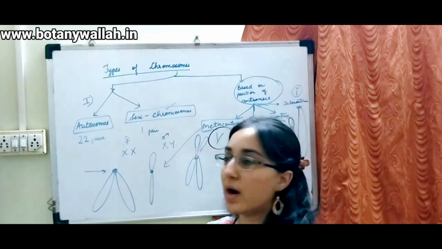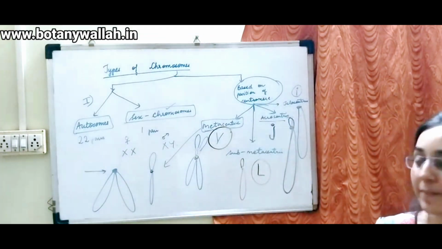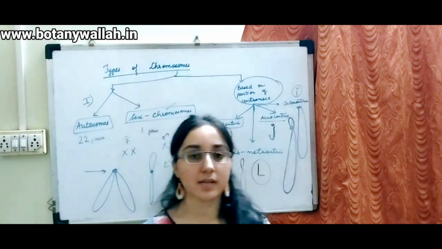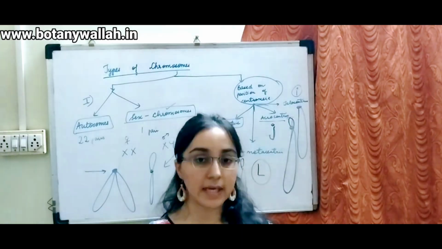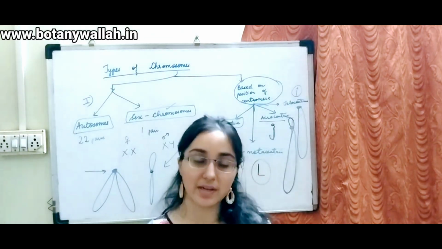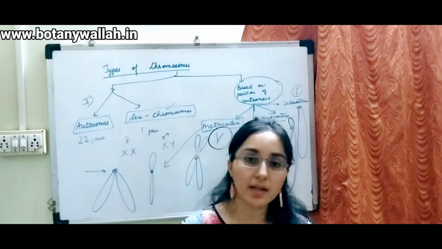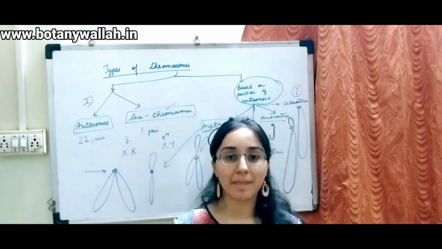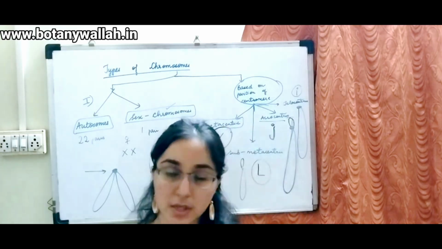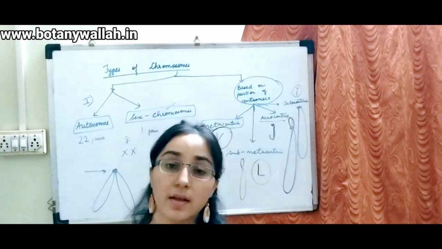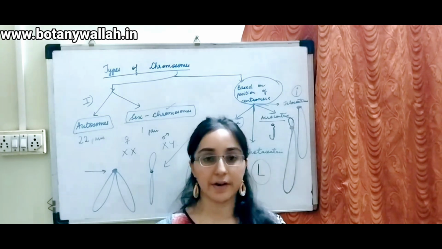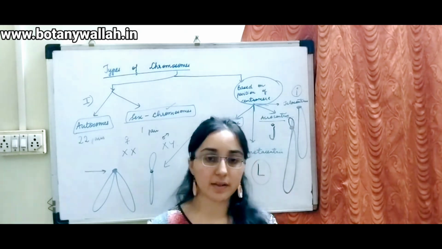I hope you understood these things. At last, I would like to give you a short summary of what we studied today. We spoke about DNA, what it actually is, what it consists of, and its function. Then we spoke about how the packaging of DNA occurs up to the chromosome. Third, we spoke about what a chromosome is, who discovered it, and the theory.